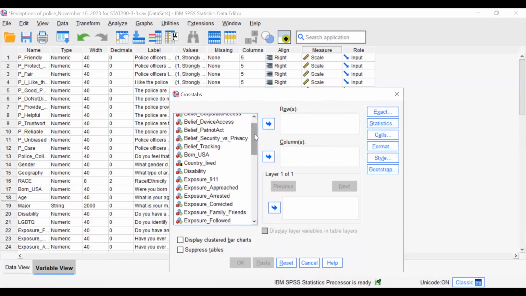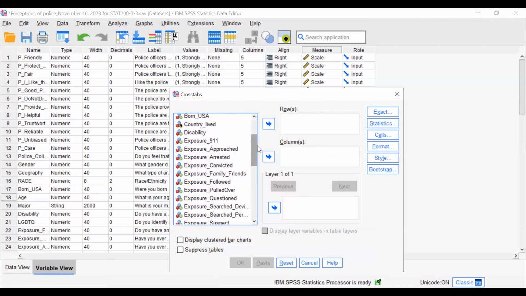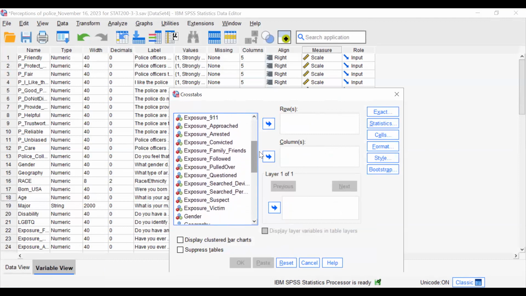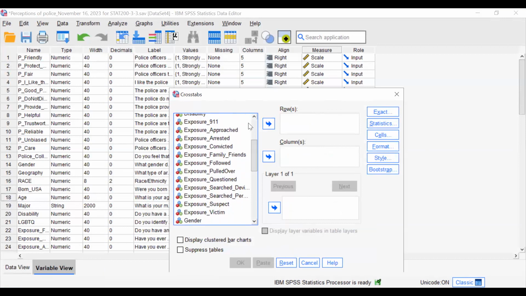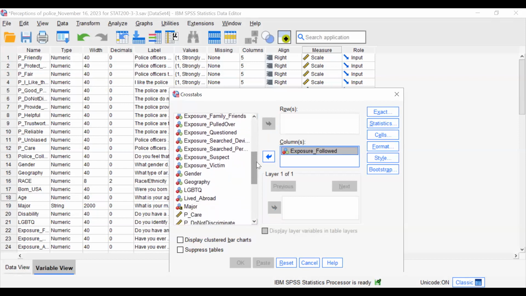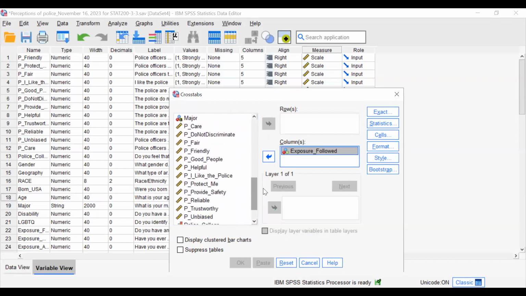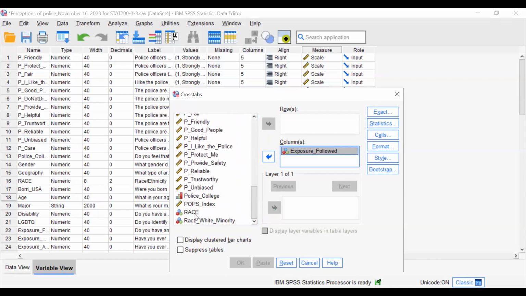So I'm going to select, let's select followed. Have you ever been followed by the police? I'm going to put that in a column variable, and then let's try race. I'm going to select the binary racial category.